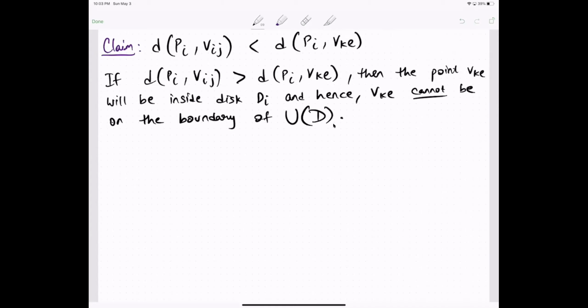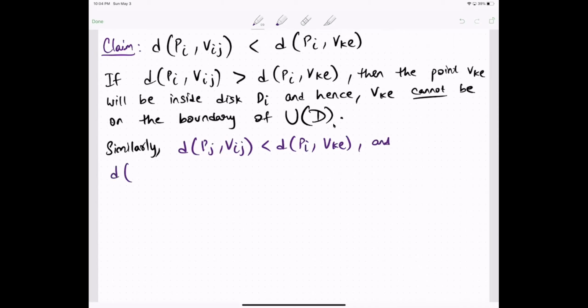So that was simple, right? Similarly, you can say this for the other points as well. The distance of Pj with Vij is also closer to Vij than to Vkl, and it's the other way around for the other two points.